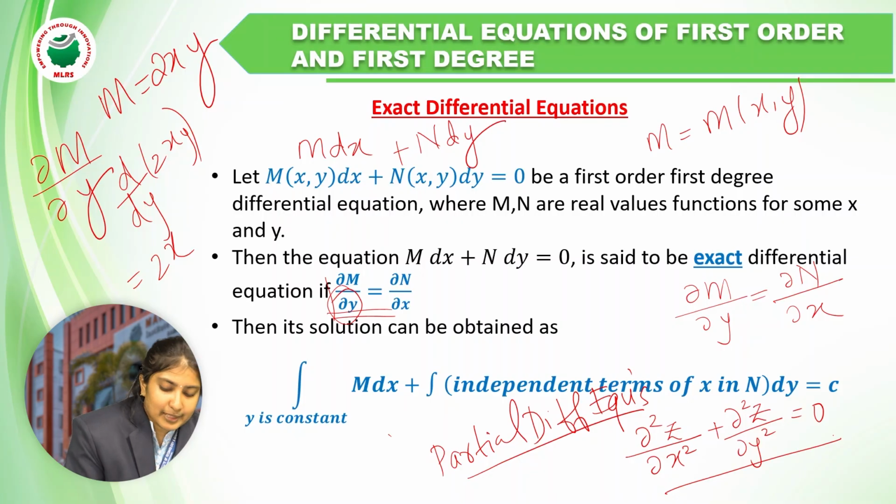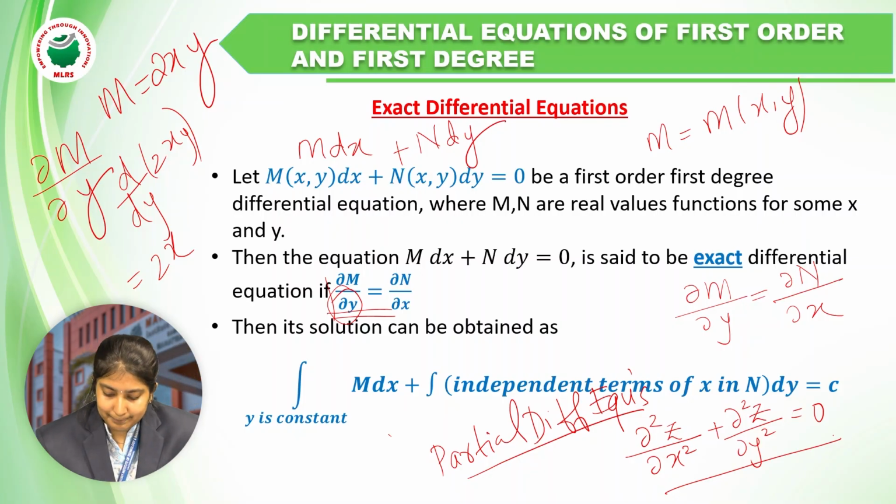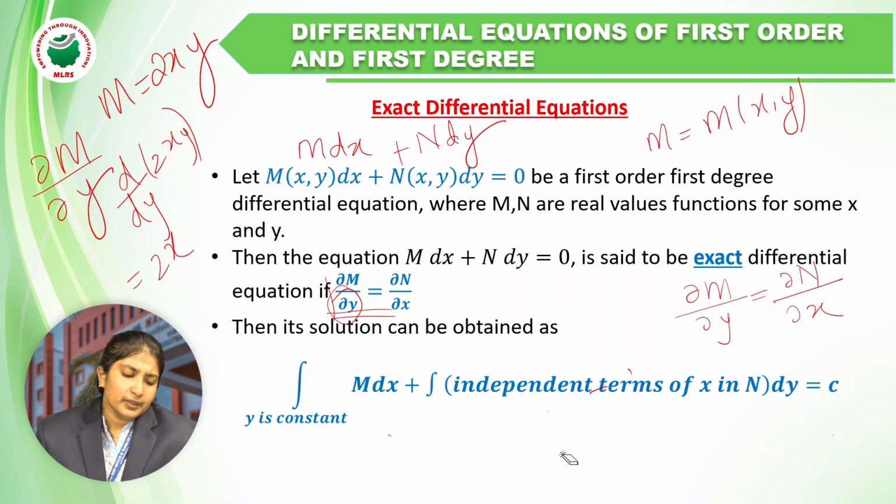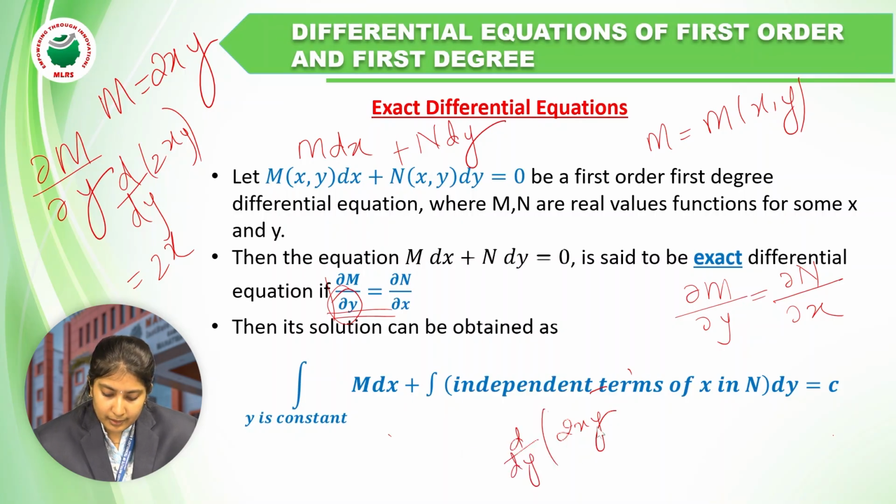Okay, fine. Let me take one more simple example. Differentiating with respect to 2xy, I think I'll get 0 because the x is there, no? But in partial differentiation, that is the speciality. What we do is take only the variable which is required. When I want to differentiate 2xy with respect to y, you assume I'm taking dy of this.